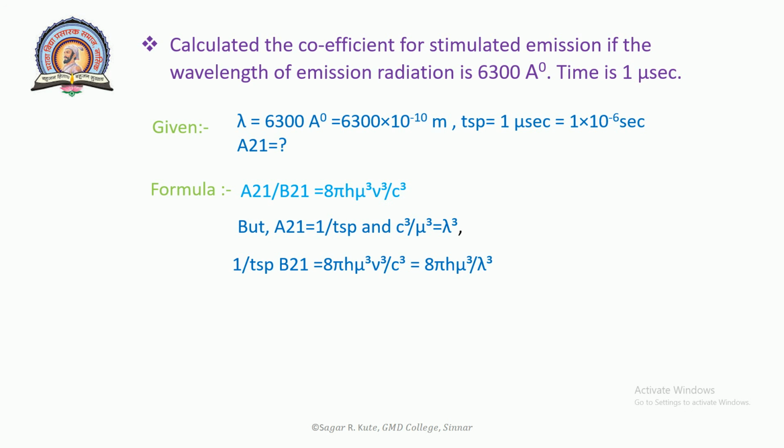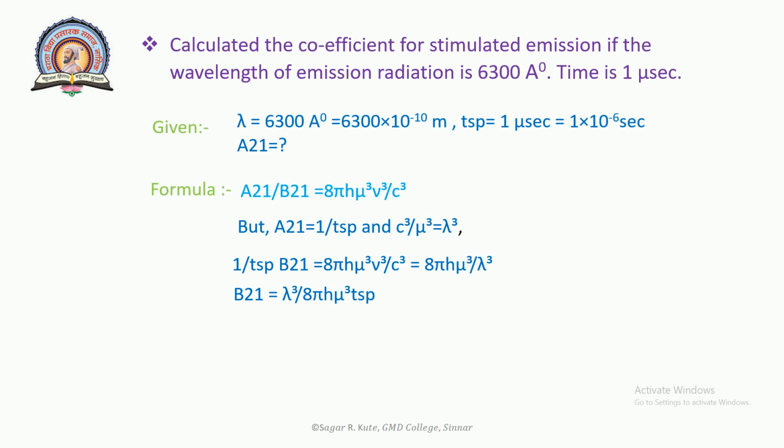So 1 upon the spontaneous lifetime into B21 is equal to 8 pi h mu cube upon c cube, which is 8 pi h upon lambda cube. B21 is equal to lambda cube upon 8 pi h into the spontaneous lifetime.